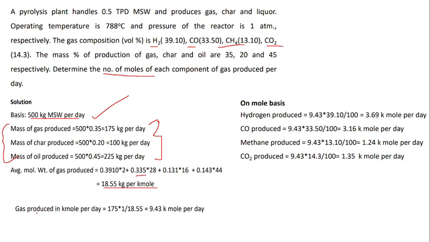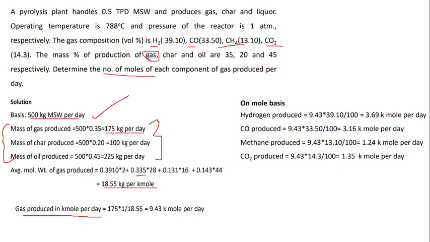Okay. Now, the gas produced in kilomole per day. To obtain this, we know that the product produced from the municipal solid waste contains a gaseous product, a solid product biochar, and the liquid product oil. Okay, out of these three, the amount of gas produced is 175 kg per day.